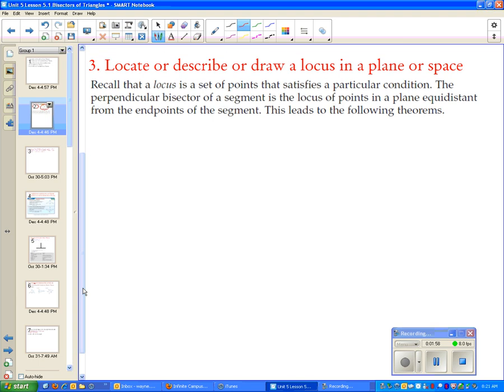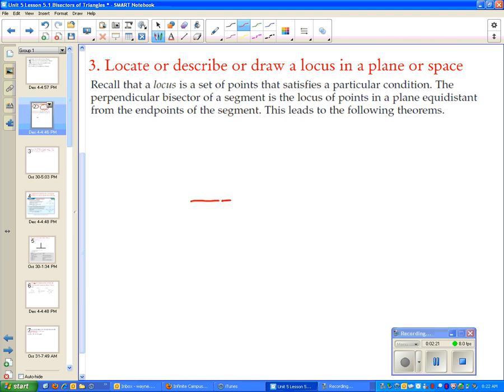Well, first it tells us what a locus is again. A locus is a set of points that satisfies a particular condition. The perpendicular bisector of a segment is the locus of points in a plane equidistant from the endpoints of the segment. Okay? And we're going to prove that here in just a minute.